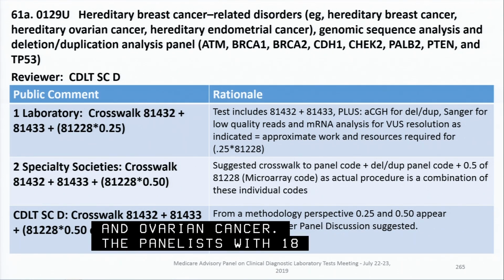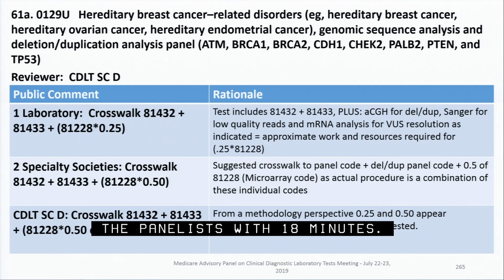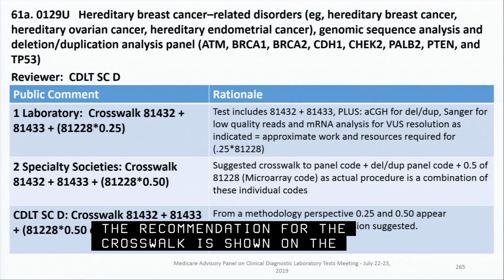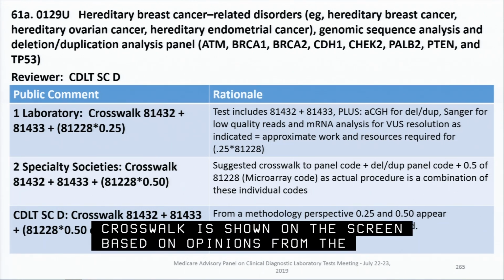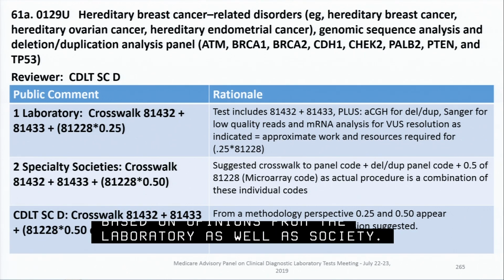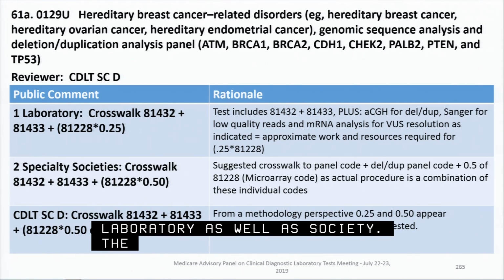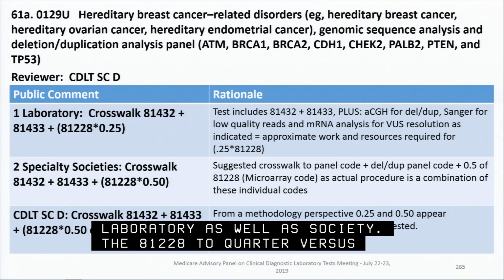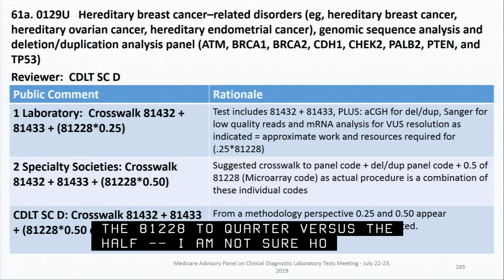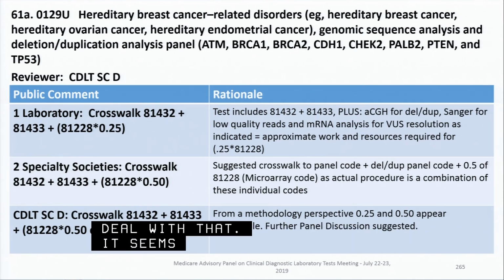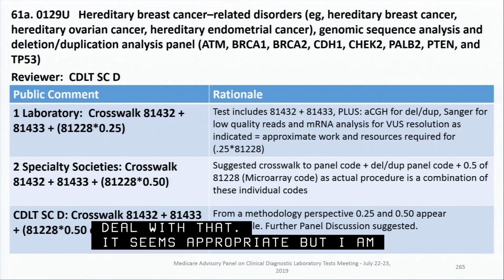The recommendation for the crosswalk on this shown on the screen, based on opinions from the laboratory as well as the society. The 81228, a quarter versus a half, I'm not sure how to deal with that. It seems appropriate, but I'm not sure how to weight that. But those are the recommendations for consideration from our group.